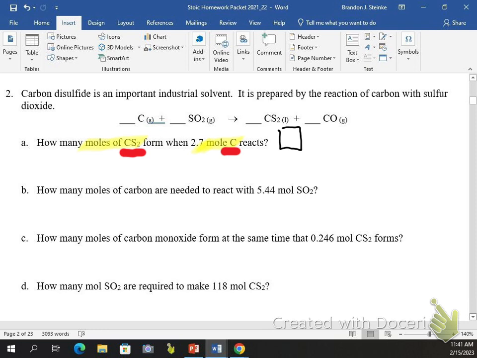So here we go. In any dimensional analysis, what do we always start with? The given. Perfect. So write down your given. 2.7 moles of carbon. Okay? How am I going to get out of moles of carbon?